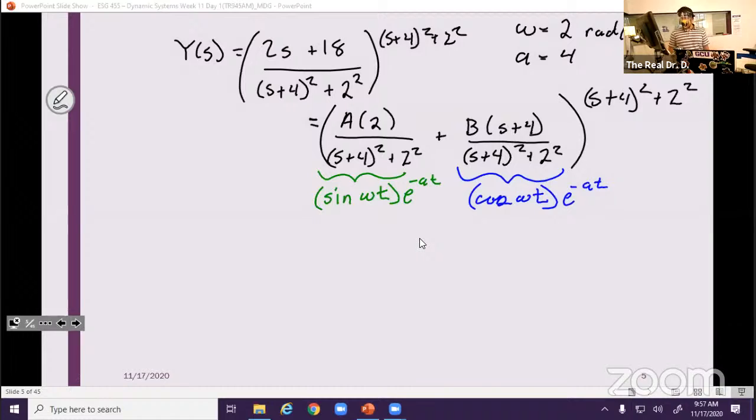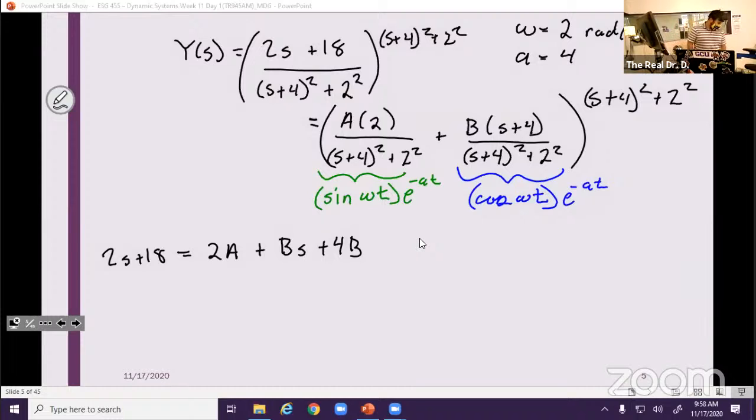The nice thing about it is because they all have the same denominator, all the denominators cancel. And I did the same thing to both sides of the equation, so I haven't violated any algebraic rules. So I'm left with 2s plus 18 is equal to 2A plus B s plus 4B. I just multiplied through B times (s plus 4), just brought the B through it.